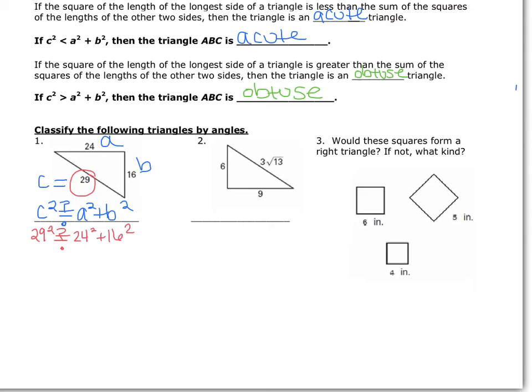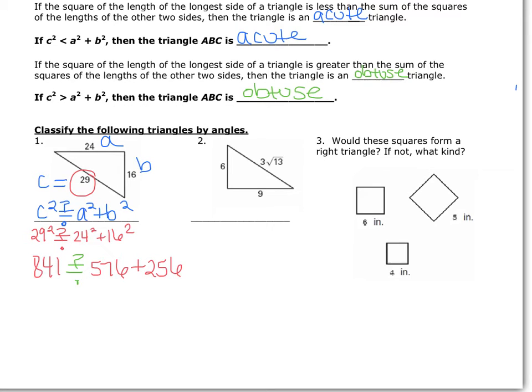Okay, now I have a little bit more room to work. So if we square 29, that gives you 841. We still want to know, how is that comparing to the other one squared? So 24 squared gives us 576. And 16 times 16 is 256.